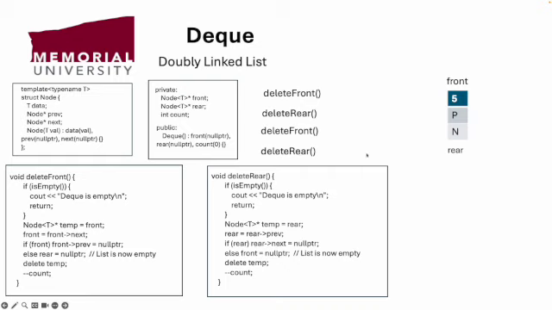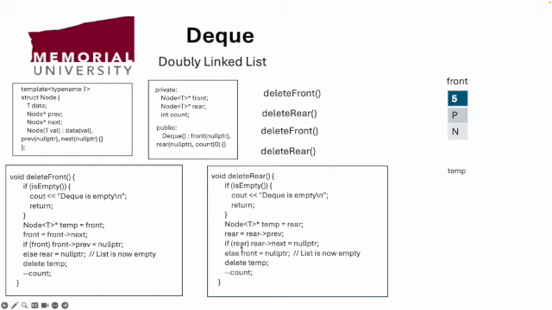Delete rear again. What do we do here? This is not empty. So we create a temporary pointer pointing to this node. Rear equals rear's prev. Rear is being released. Prev is none, right? So it means rear is going to be released.